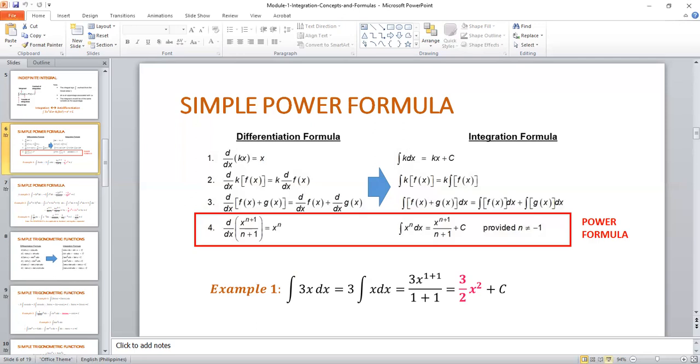Okay, so we go to the first formula that you have there in integration. You integrate a constant. This k is a constant. The answer is simply kx plus c. When you integrate an appendage like this, you simply drop the d. So that would be an x.